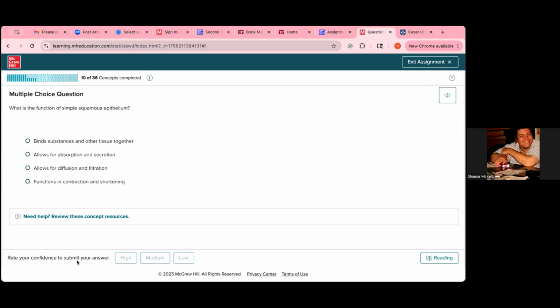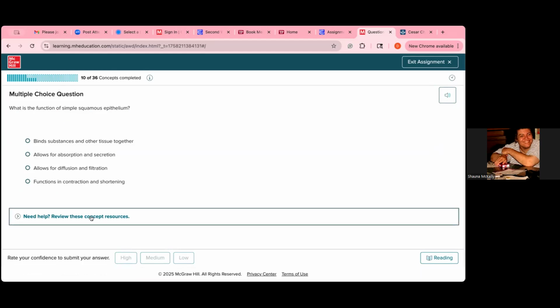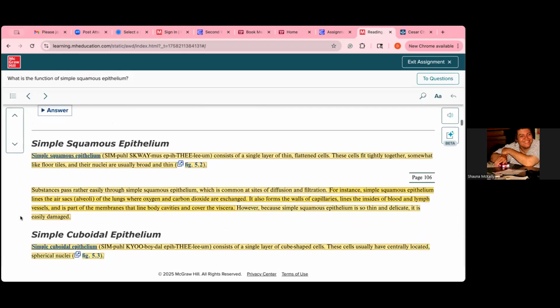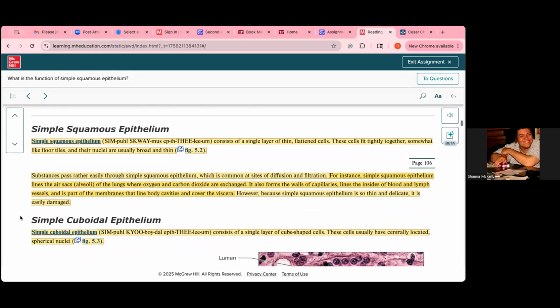What is the function of simple squamous epithelium? So we have to go back and look at the function of simple squamous epithelium. Okay, that's where they line. It's common at sites of diffusion and filtration.